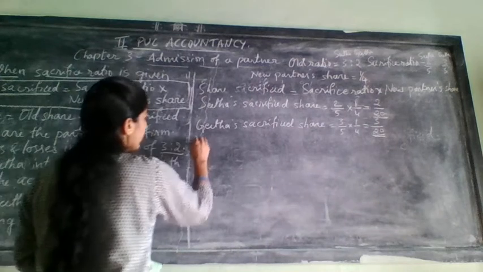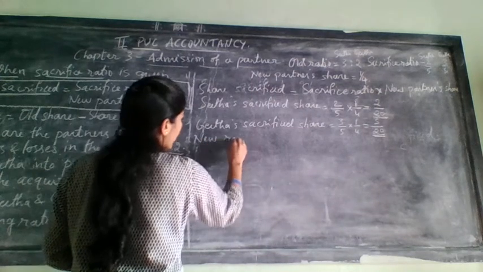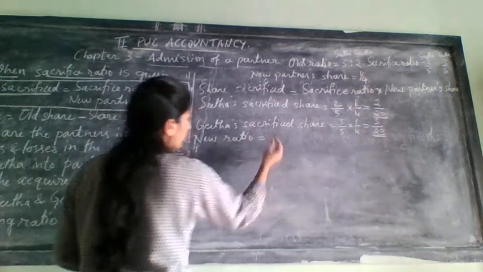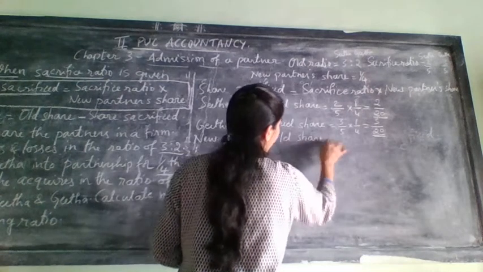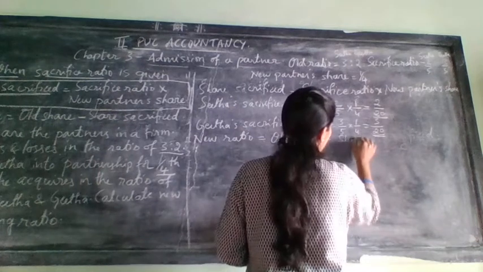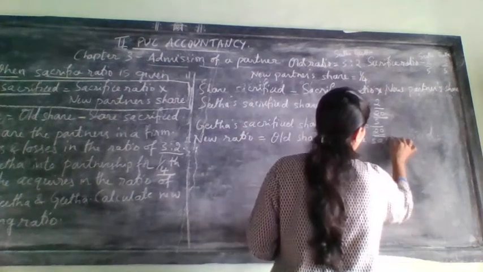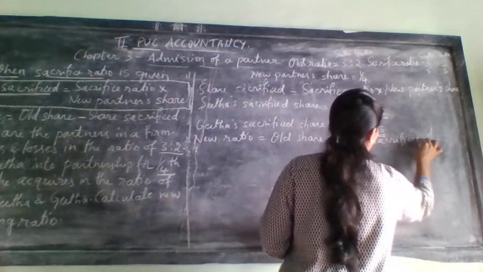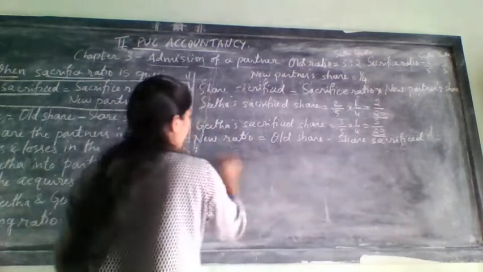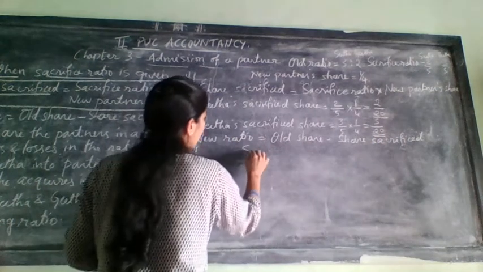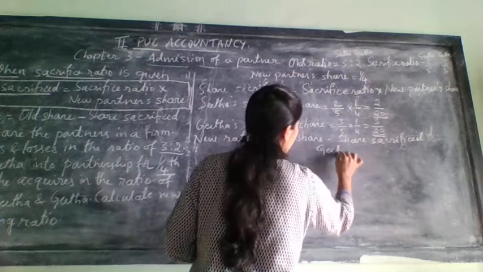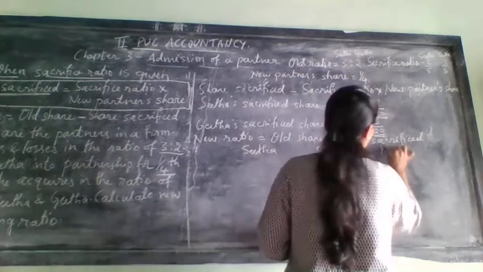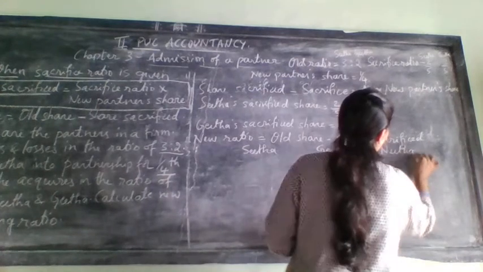Next, write the formula. New ratio is equal to old share minus share sacrificed. Write all the three partners' names: Sita, Geeta and Neeta.